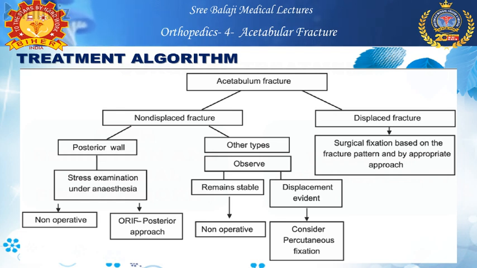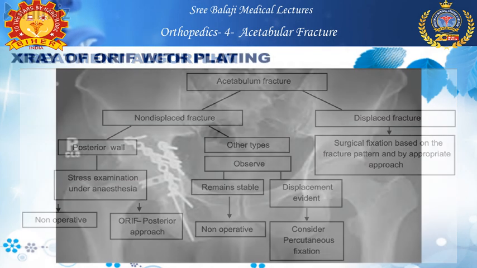For fixing the anterior column, we have to go for the anterior approach, that is the ilioinguinal. For fixing the posterior column, we usually prefer Kocher-Langenbeck or posterior approaches. Combined approaches are rarely done. We can do a modified Stoppa when we are planning for fixation of both at the same time.